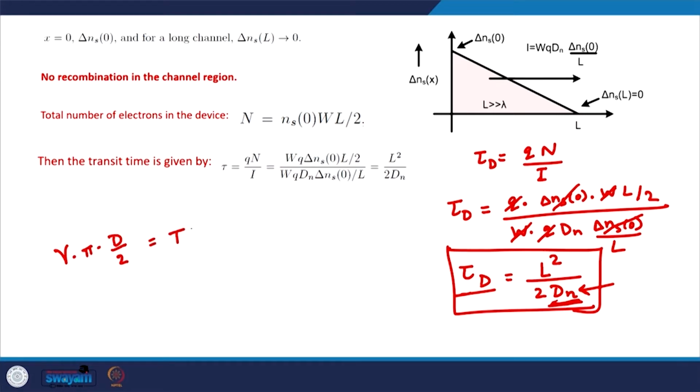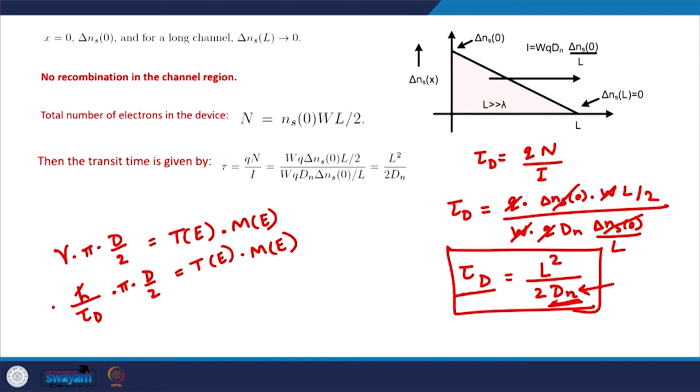in the case of diffusive transport, this is Te times Me. On the left hand side, gamma will be equal to h bar by tau d times pi times d by 2. On the right hand side, we have this Me.